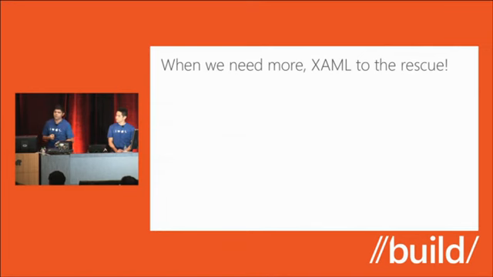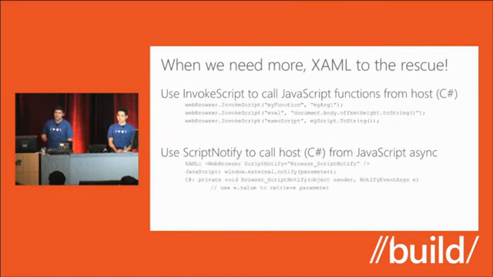The way we do this is by allowing C# to call into JavaScript and JavaScript to call into C#. So two-way communication, and it's extremely flexible. We don't impose a schema, so you can just pass strings back and forth. You can do this with the InvokeScript function from the web browser control, which allows the C# code to call into any script, including eval.